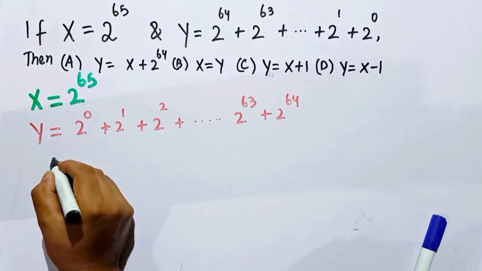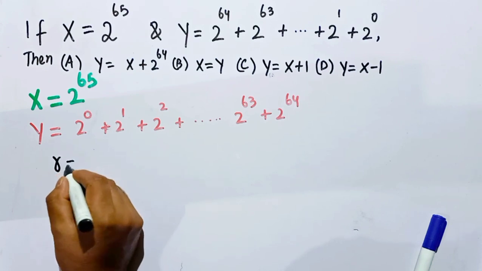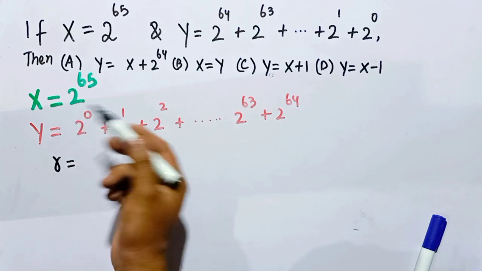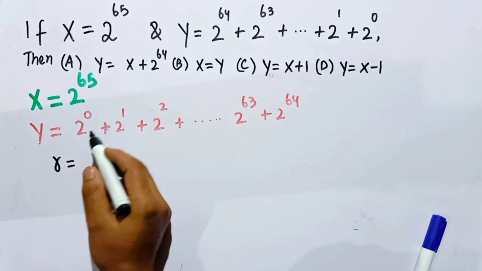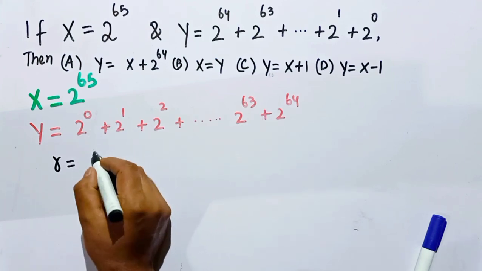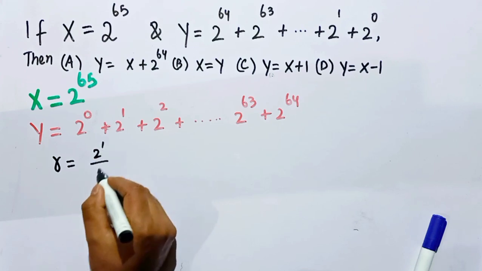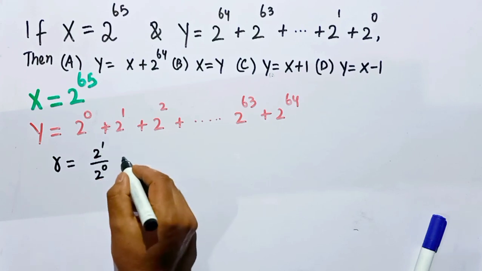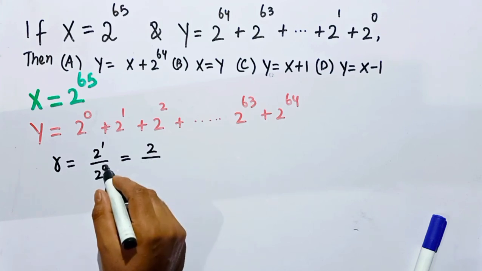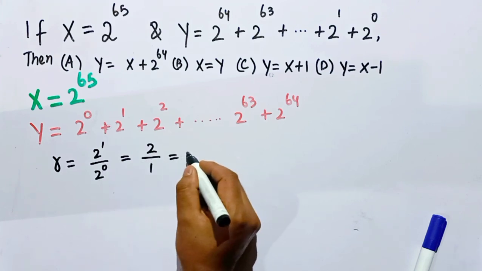The common ratio is simply equal to what we get when we divide two succeeding terms. If the ratio comes out to be the same, we say the series is in geometric progression. That means if I divide 2 to the power 1 by 2 to the power 0, anything raised to the power 0 is 1, so it comes out to be 2.